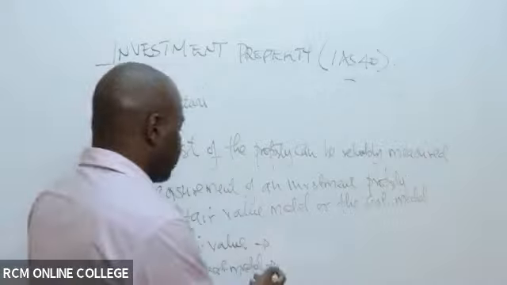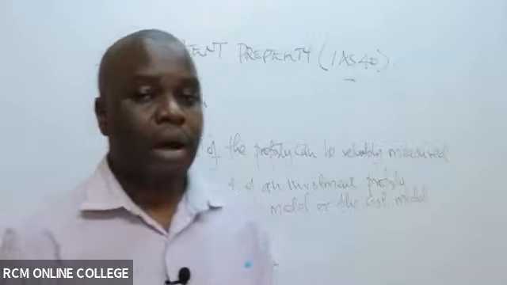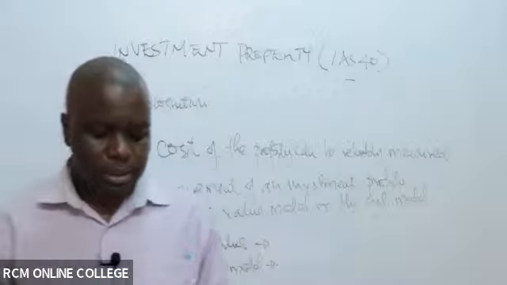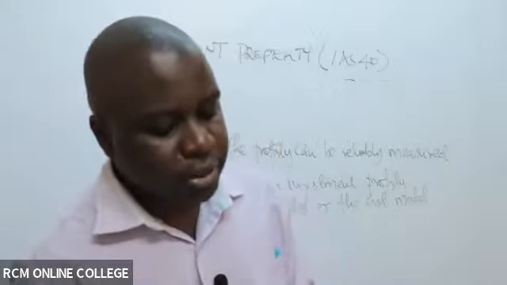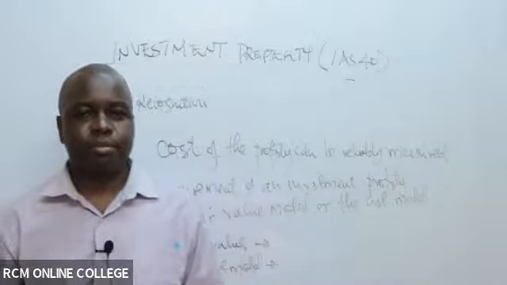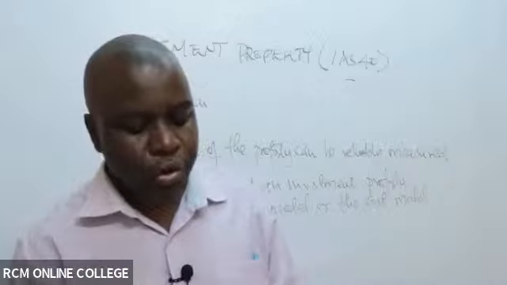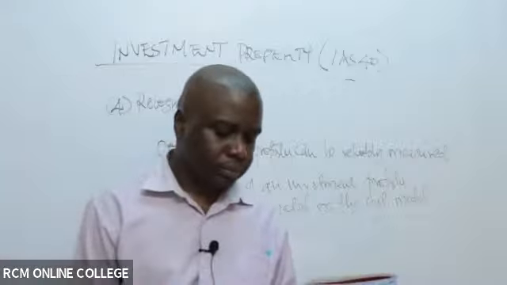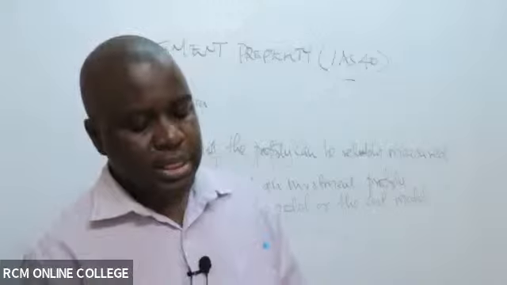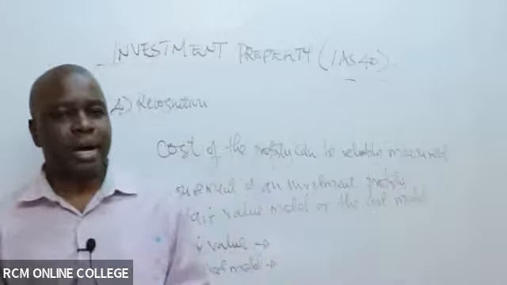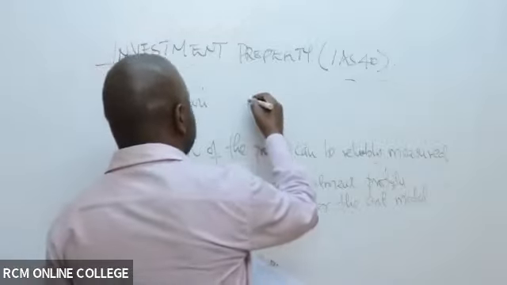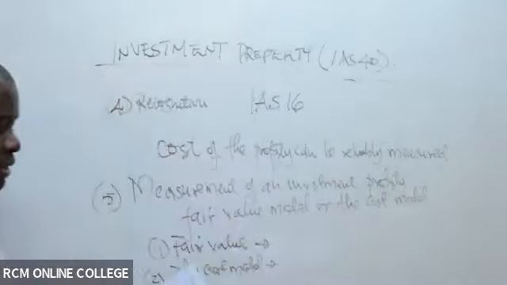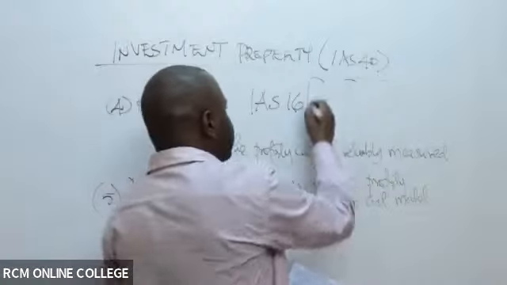You can put a semicolon and say, after initial recognition, investment property will be accounted as per IAS 16, International Accounting Standard number 16. In brackets, you put property, plant, and equipment, or PPE.